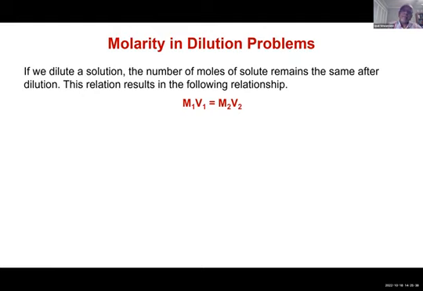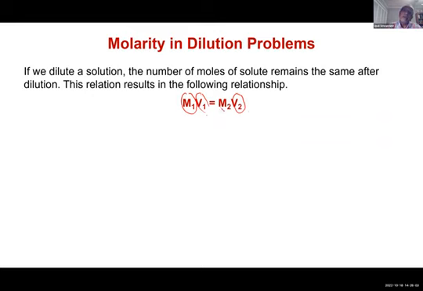You start with the stock solution, the initial solution, and take a certain volume of that solution and prepare a new solution. Now add more water. V1 is less than V2.